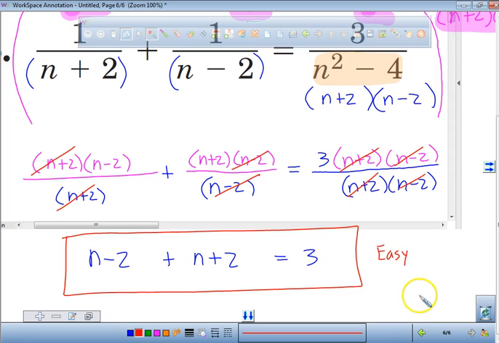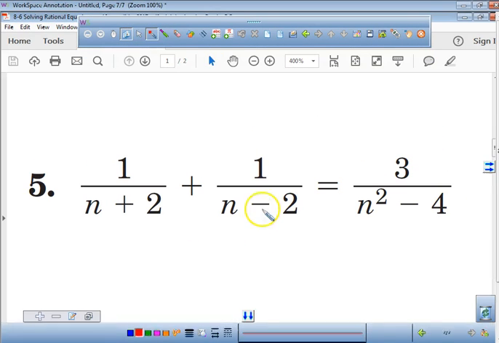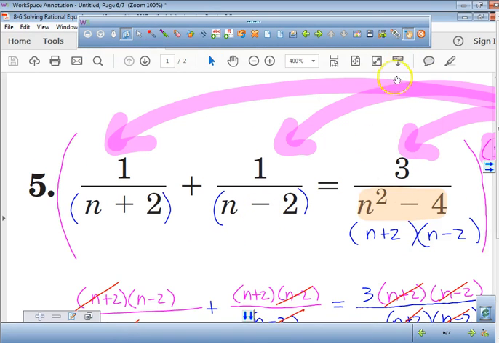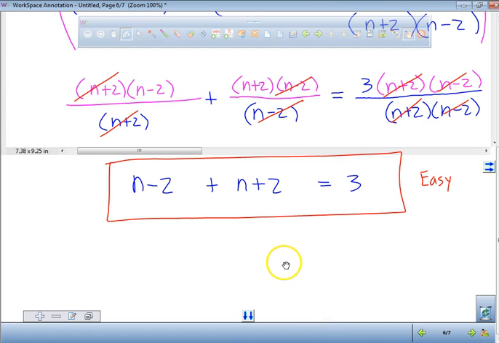Look how easy it looks now from where you started. So right now I'm going to take a quick snapshot of where we started from and where we are now. Look where we started from. Does that look complicated? Yes. But now we went from complicated to it looking kind of easy.